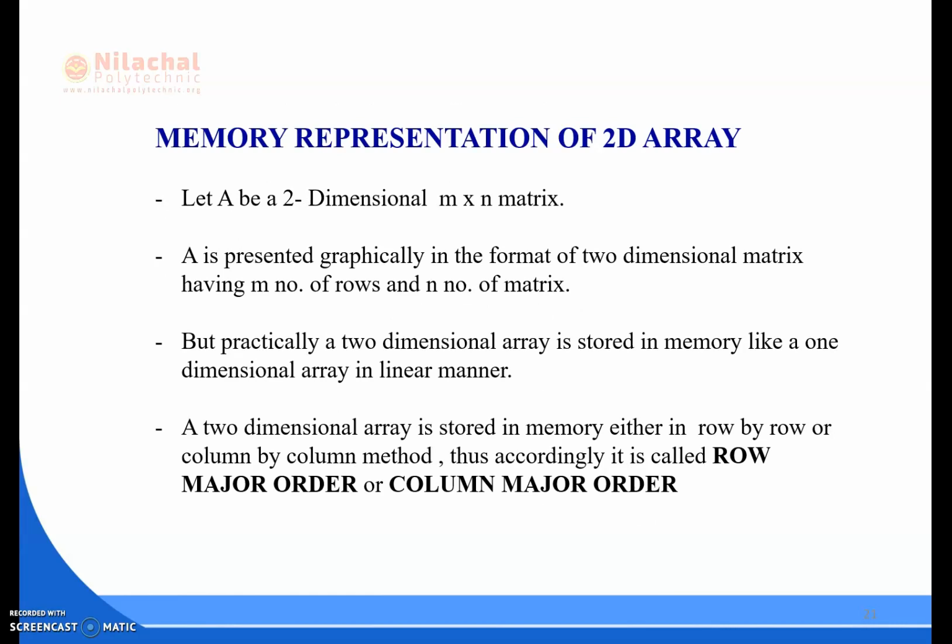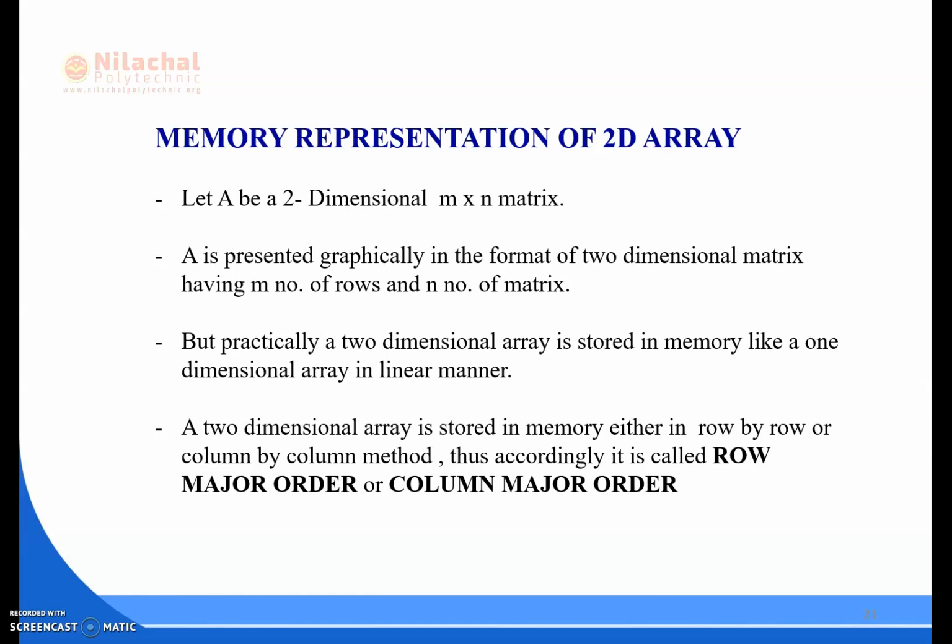Basically, we will continue with the memory representation of a two-dimensional array. Let A be a two-dimensional array with an M cross N matrix. A is represented graphically in the format of a two-dimensional matrix having M rows and N columns.